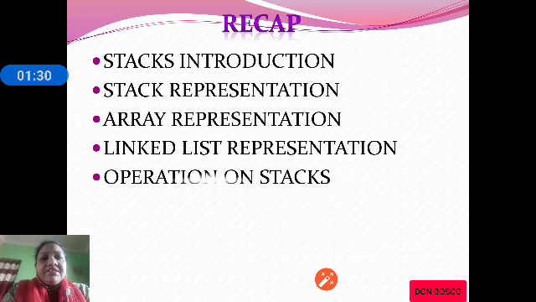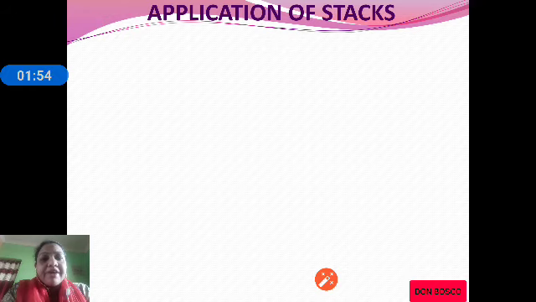Then we discussed the different operations that can be performed on stacks. Then we learned the push algorithm and the pop algorithm. The push algorithm helps us add an element to the stack and the pop algorithm helped us remove an element from the top of the stack.